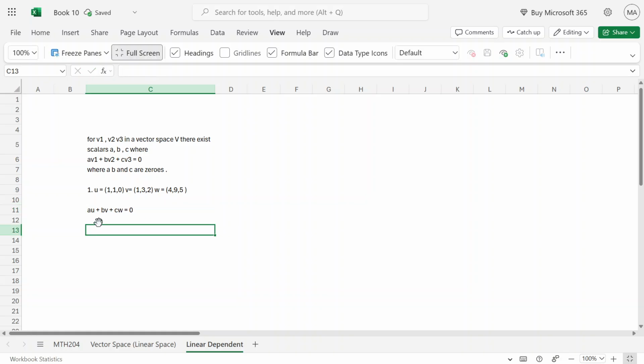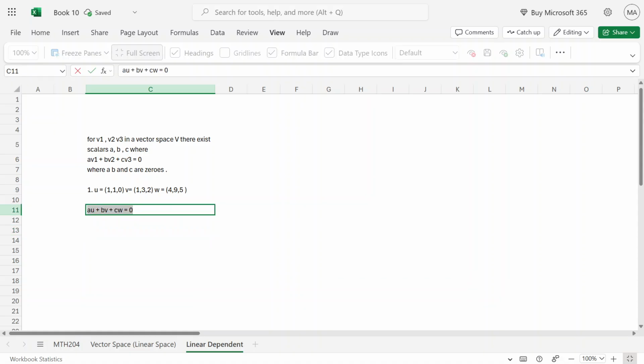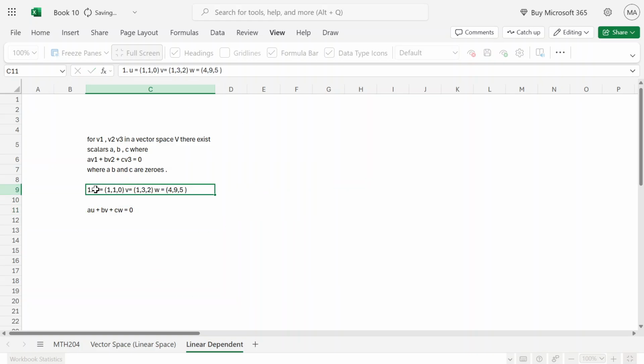After solving this equation, if a, b, c must all be equal to 0, then this list of vectors is independent. But if we cannot assign 0 to all our scalars, then it is dependent. So now let's do that.